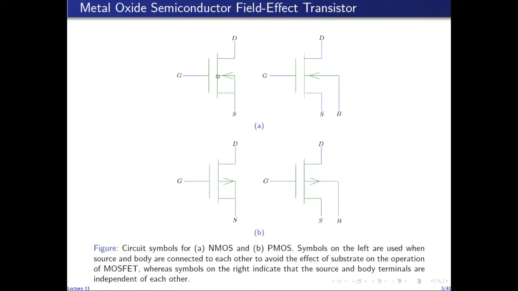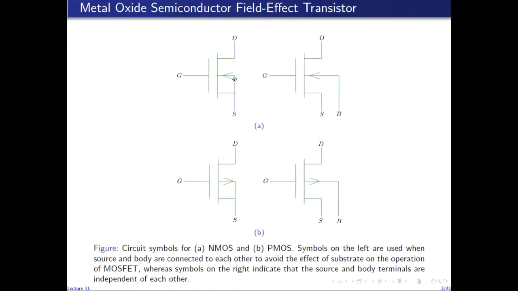If it is connected to the source terminal, which is most often the case, then this is the symbol we use, the symbol on the left for the NMOS, and this is the symbol we use for the PMOS, in which the body is connected to the source. If there is no such physical connection between the body and the source terminals, then we use the symbols given on the right.